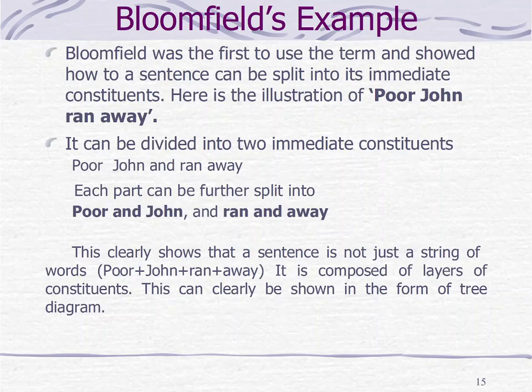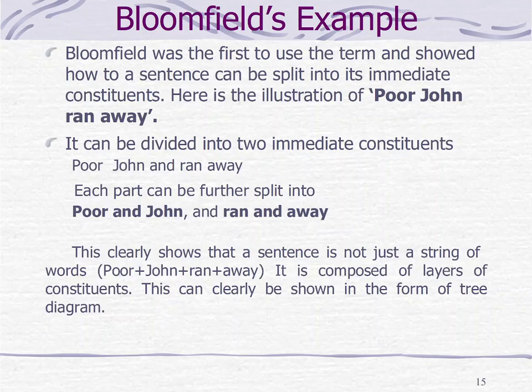The immediate constituents of poor John are poor and John, and that of ran away are ran and away. So, this clearly shows that a sentence is not merely a string of words placed together: poor plus John plus ran plus away.